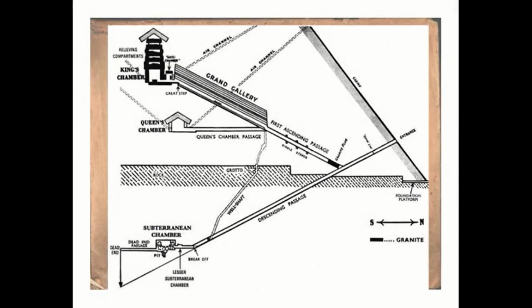It wouldn't have been just some thieves, a bunch of robbers trying to get it out. It would have taken time, a lot of effort and a major endeavor to chip away at that granite plug. And so that plug would have kept you from being able to get to the queen's chamber and the king's chamber.